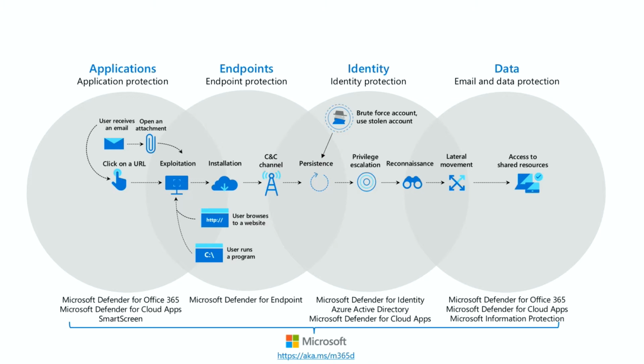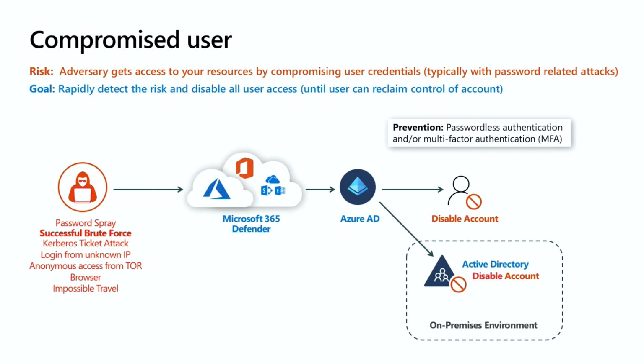But each of the security products protects a different phase of this, and then they all talk together to give you that comprehensive view. So we're looking at a couple of common attack scenarios. First one might just be a compromised user, whether it was a brute force attack or a phishing campaign, but you start identifying risky traits about the logins and the sign-in sessions, and Microsoft 365 is detecting that.